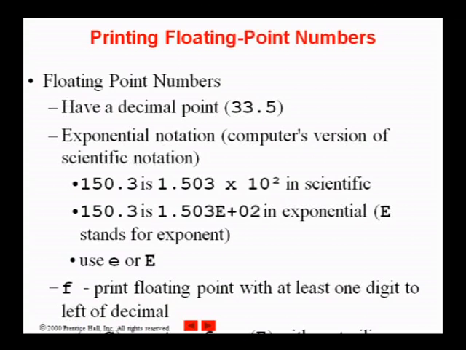You can use either lowercase e or uppercase E, both are the same. So floating point numbers can be represented in normal form or in exponential form, both are the same.